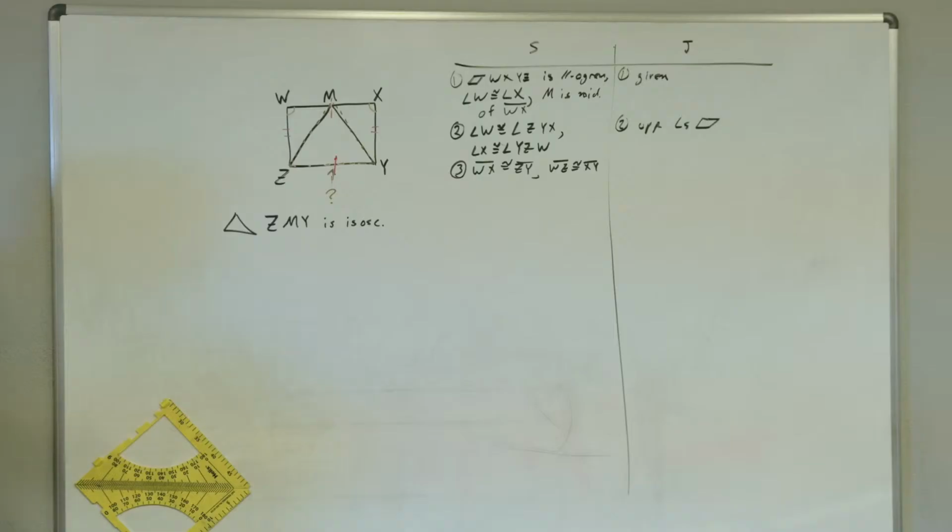We've used WXYZ as a parallelogram. We labeled W as congruent to X. Have we used M as the midpoint of WX yet? No. Here's what we can say because of that.